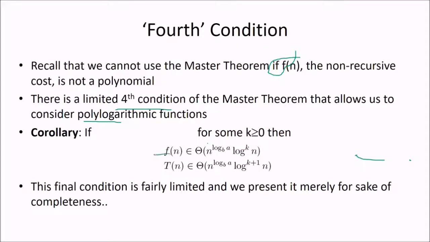If f(n) is of the order n to the power log b a times log to the power k n, for some k which is greater than or equal to 0, we'll see an example, don't worry about this. Then T(n) would be simply of order n to the power log b a times log to the power k plus 1 of n. This final condition is quite limited and we just present it for the sake of completeness, but we'll take an example also.